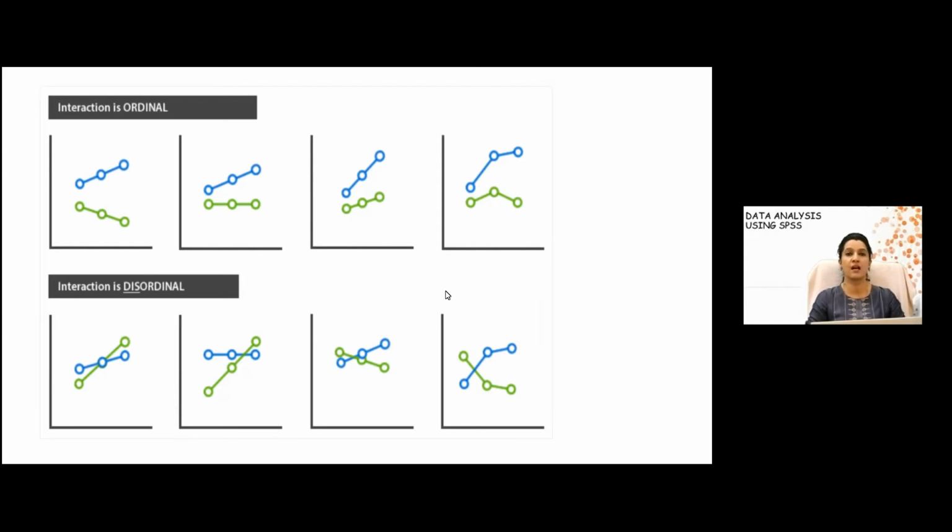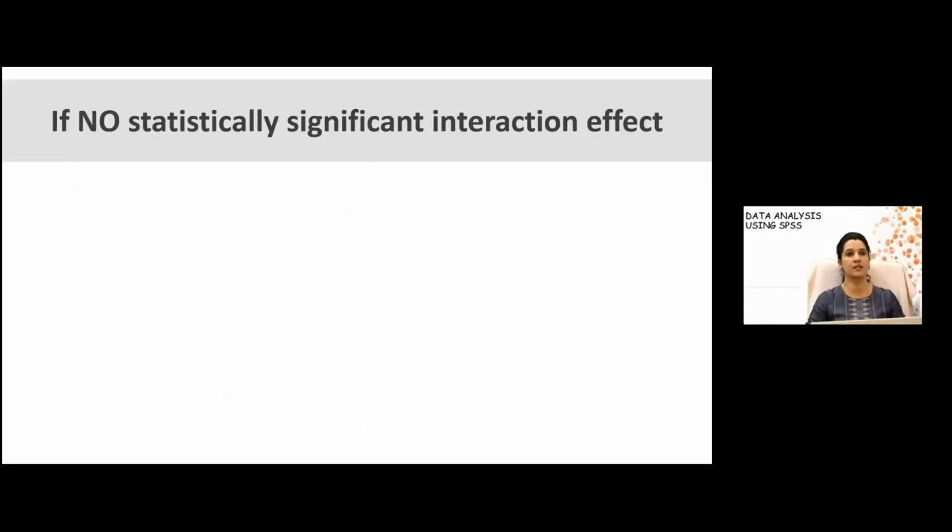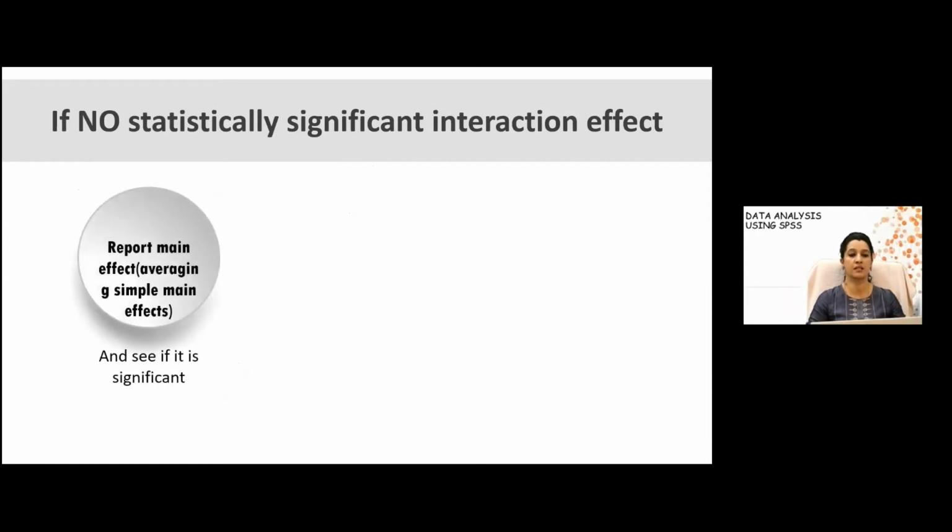If the lines are not parallel, then we call the interaction significant. If the lines are parallel, they are not going to meet. That means there's no interaction, so there is no statistically significant interaction effect. I'm saying that an interaction effect may be there, but it is not statistically significant.